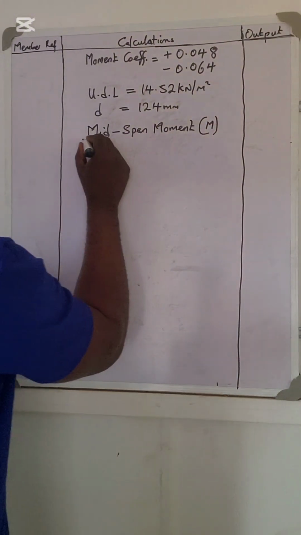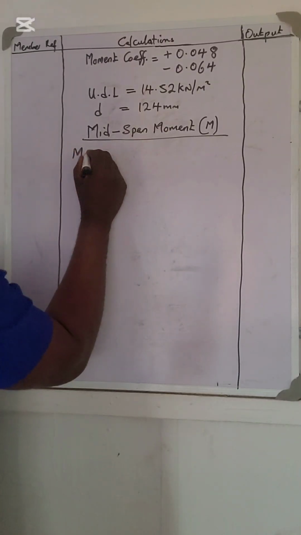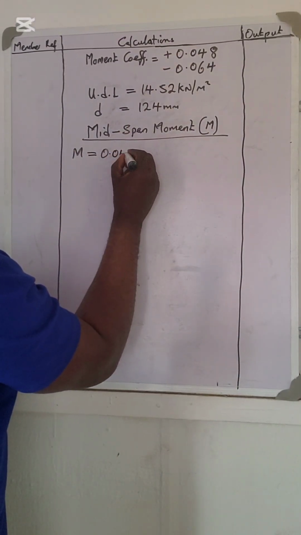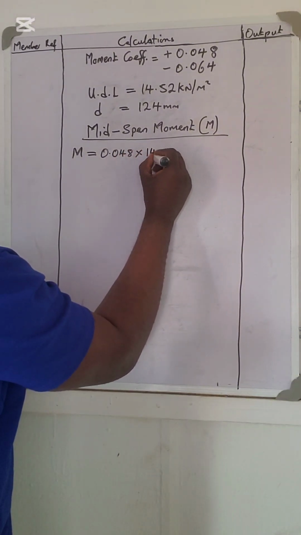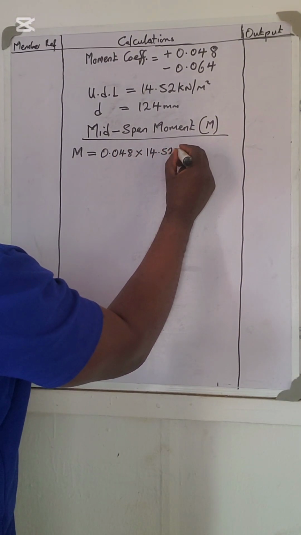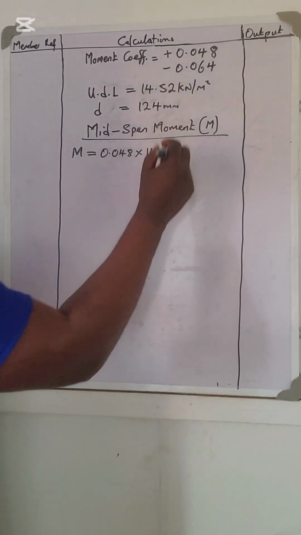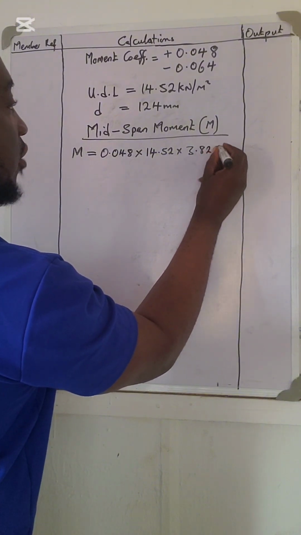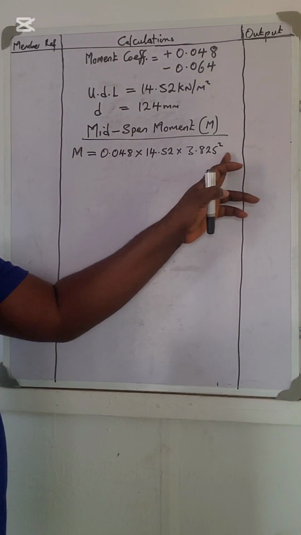Now, recall the same process. Positive coefficient 0.048 multiplied by UDL 40.52 multiplied by our span. The span is 3.825 square.